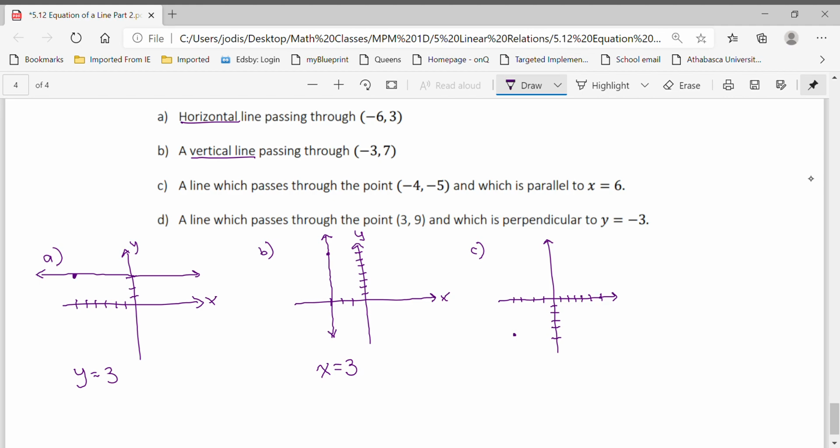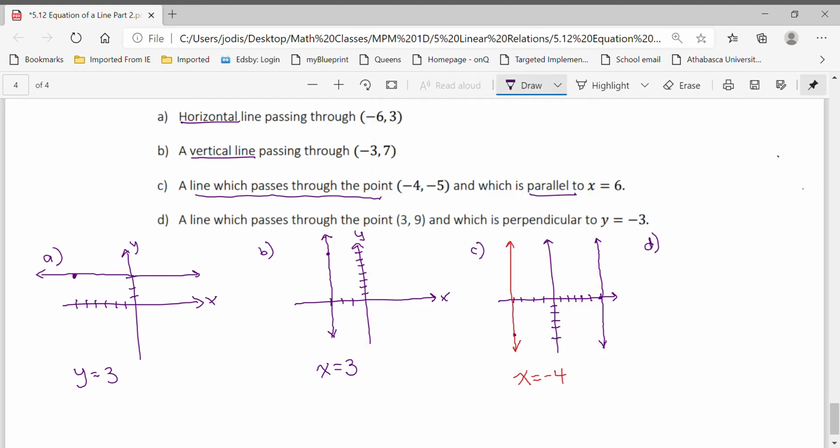The only way for it to be x equals 6 is if it's a vertical line. And we want a line that's passing through that point and parallel to this. So parallel must mean that it is also going to be a vertical line. In this case, it still has to be x equals, but now it's going to be x equals negative 4.